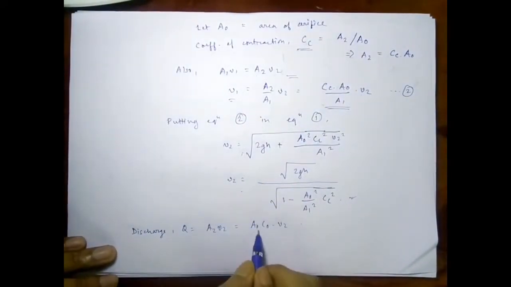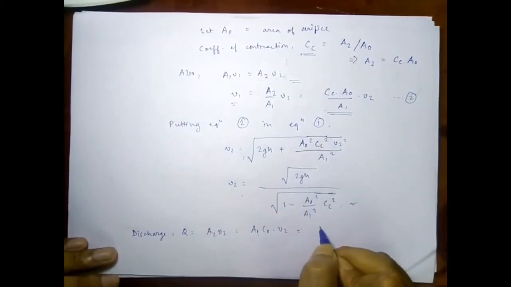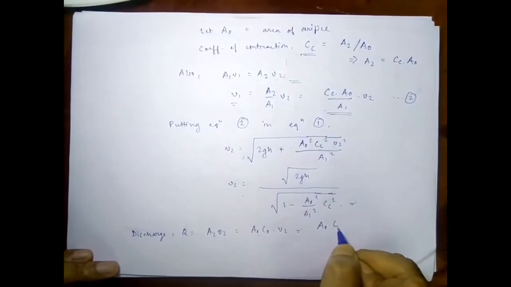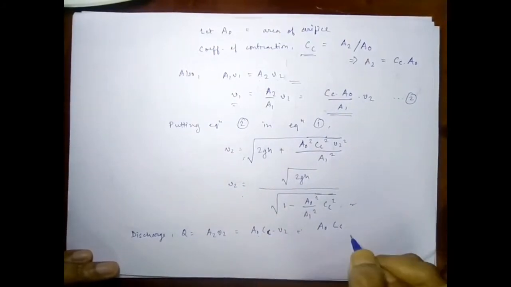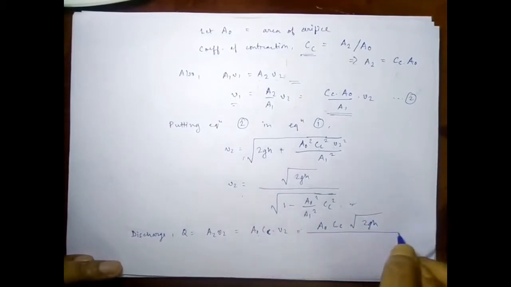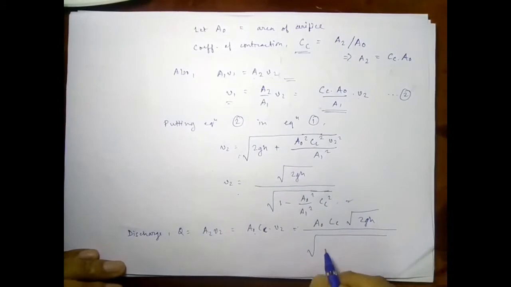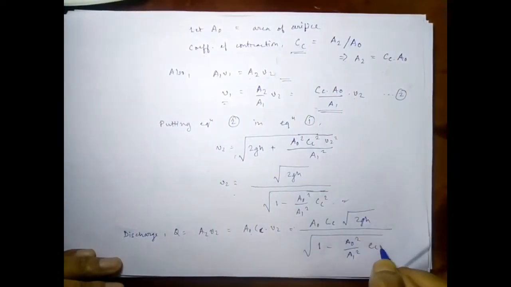Thus I will get it as A0 CC times root 2gh upon square root of 1 minus A0 square upon A1 square times CC square.